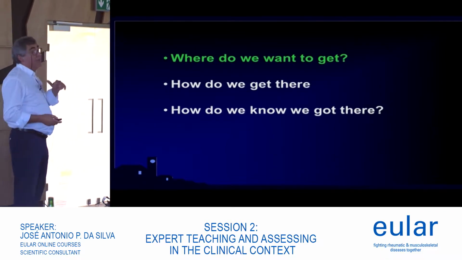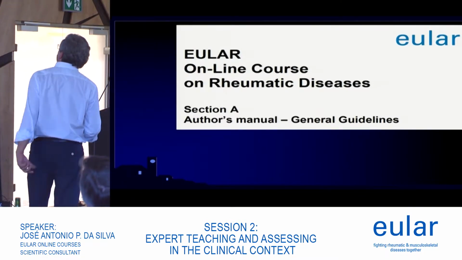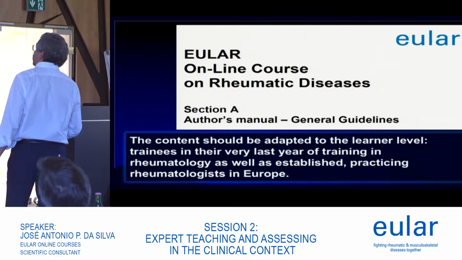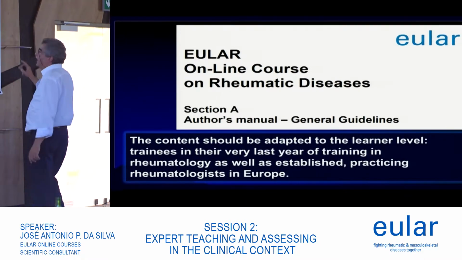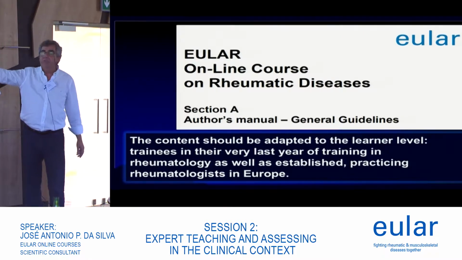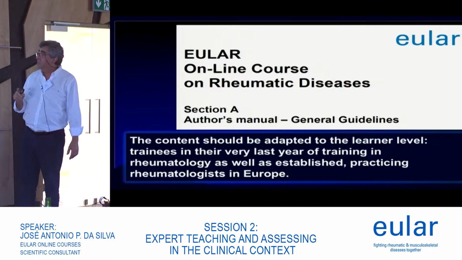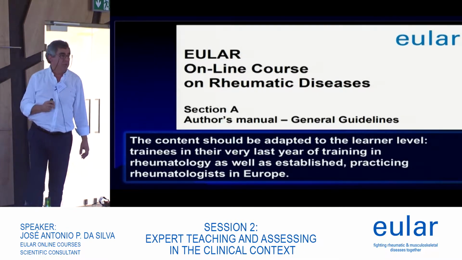Now, if we accept the guidelines from EULAR, when they give you the author's manual general guidelines, they tell us the following. The content should be adapted to the learner level: trainees in their very last year of training in rheumatology, as well as established practicing rheumatologists in Europe.